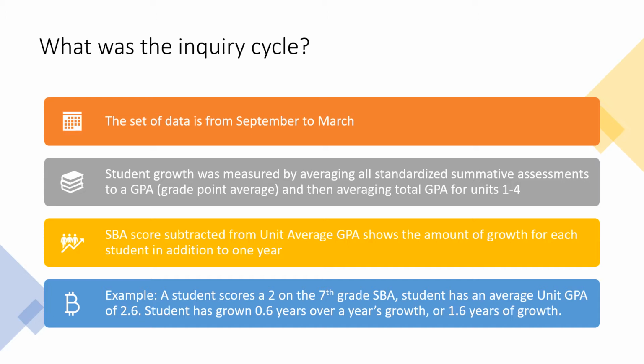And their SBA score was a 2 on the 7th grade test. That means they've grown 0.6 years over a year's growth, or 1.6 years of growth, because if a student goes from a 2 to a 2, that would be 1 year's growth. So this student in the example is growing a little bit more than 1 year. Well, actually a lot more, 0.6.